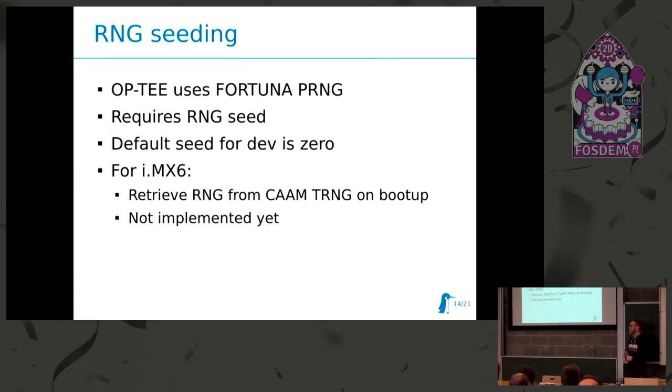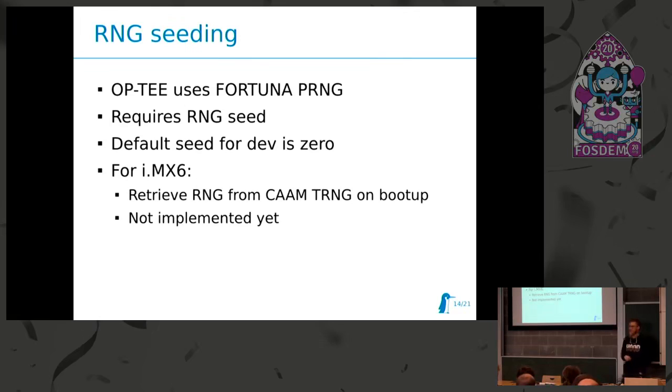So for IMX6, we have a RNG or true random number generator again inside this CAAM block, and we can read out a seed for our pseudo-random number generator at the very beginning of boot, and then just seed the PRNG with this. And this is not implemented yet.